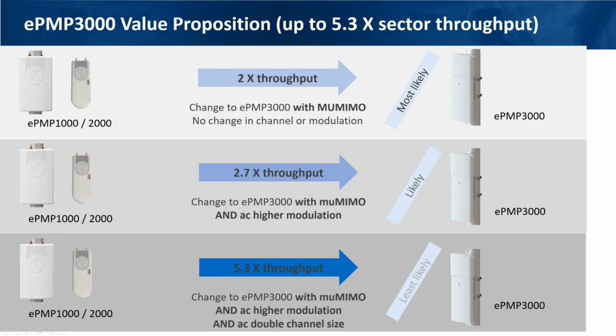And then, of course, if you can double your channel and go from 40 to 80 megahertz, you get a substantial gain. But you'll also notice that on the 3000 side, I've added things like most likely, likely, and least likely, because getting 80 megahertz in a PMP environment is something I would almost discourage, because you're only going to create more noise in your environment. So MU-MIMO, and in some cases getting the higher modulation, becomes a key value proposition at the highest level.